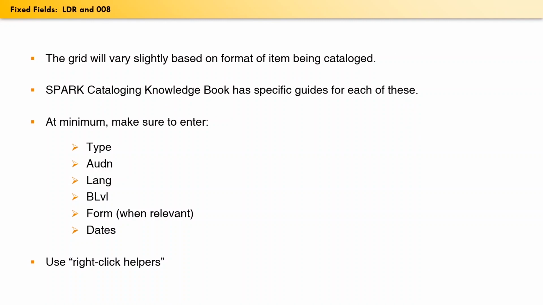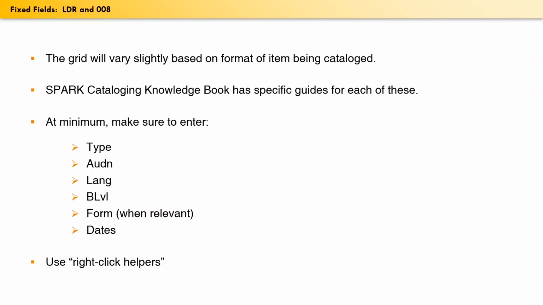The leader and the 008 fixed field may be edited using a special grid at the top of each MARC record. The appearance of the grid will vary slightly depending on if you're cataloging a text-based format, an audio format, or a video format. But there are specific guides in our knowledge book that show the layouts for each of these varieties.